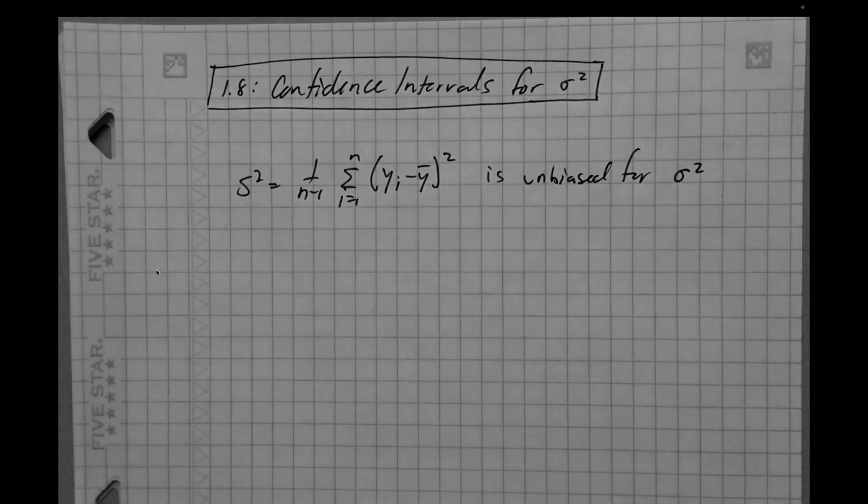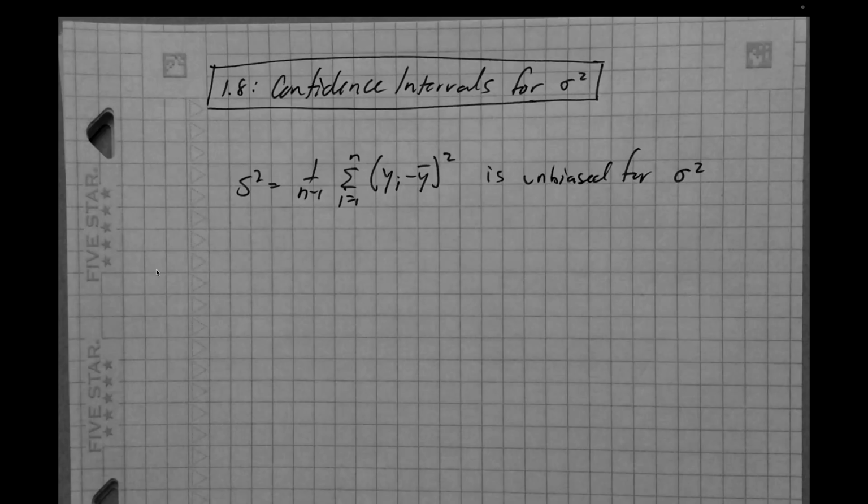And so when we talk about constructing a confidence interval, we usually need to think about what the pivot is going to be, so what is going to be our pivotal quantity in the case of trying to estimate an interval for sigma squared.